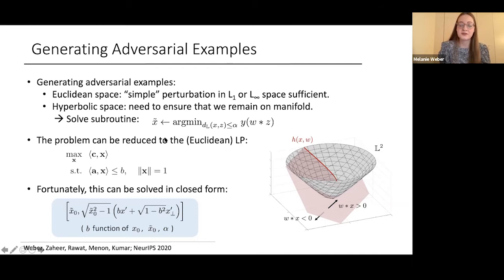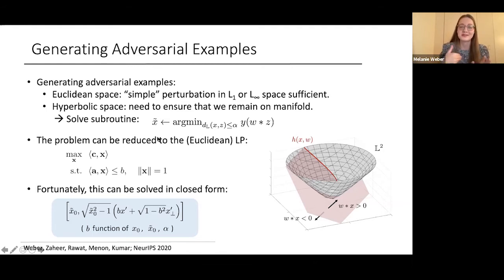So one might think at first that we have to solve a constrained subroutine, which locally optimizes for the loss, but then also has this constraint that we remain within a hyperbolic distance alpha along the manifold of our point. We show in our paper that this can be reduced to a Euclidean linear program, which can be solved in closed form, very fortunately.